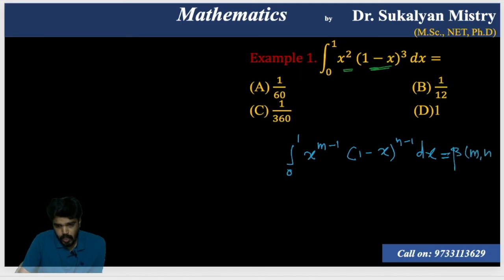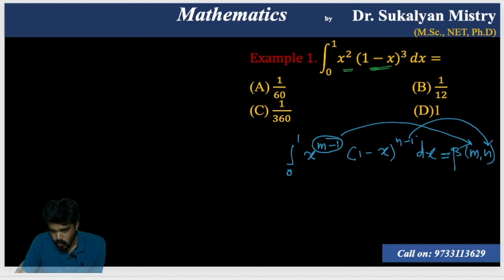So, here m minus 1 will be the power of x, and n minus 1 will be the power of 1 minus x. So we add 1 to each power, compare this.